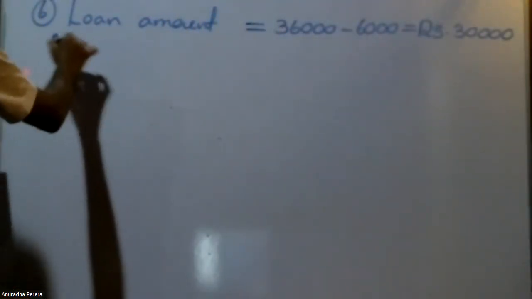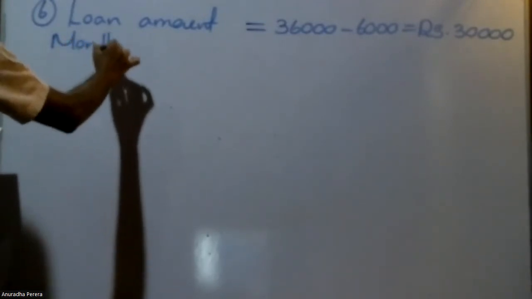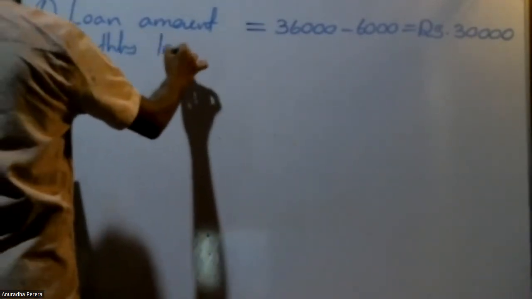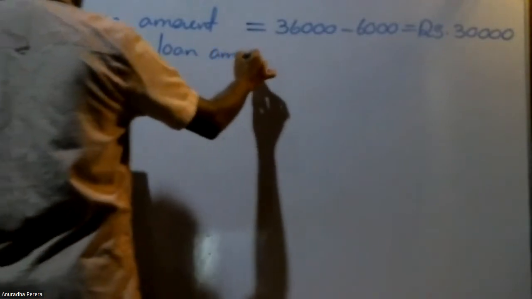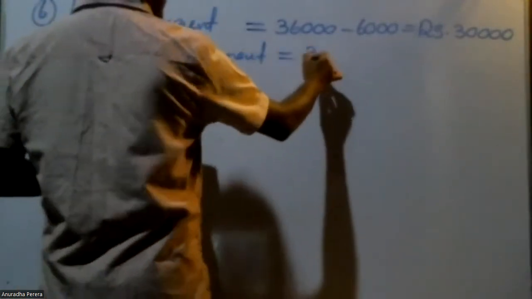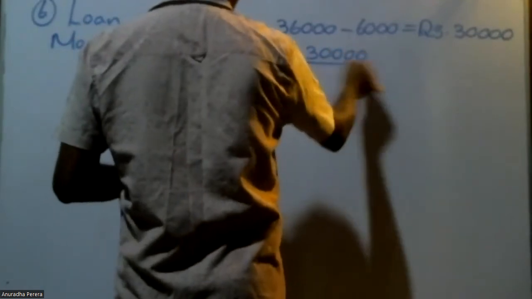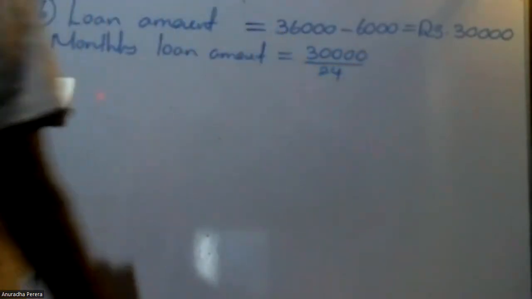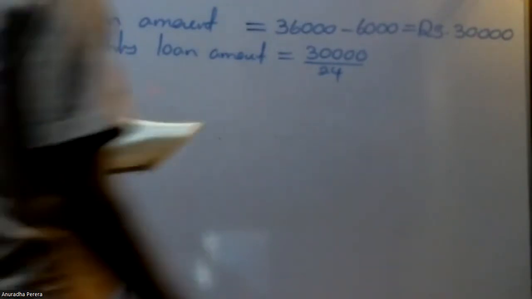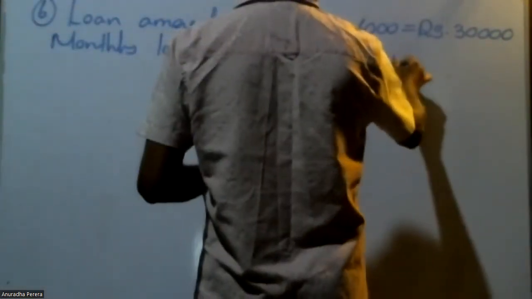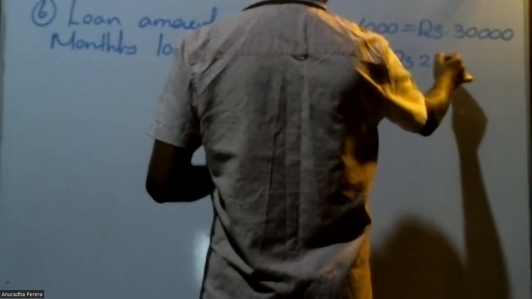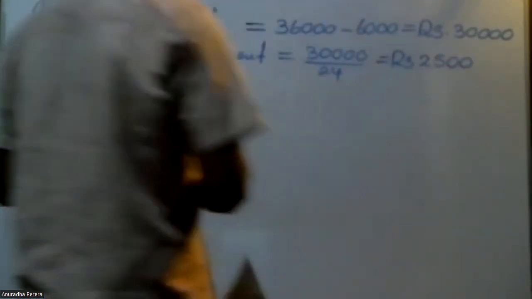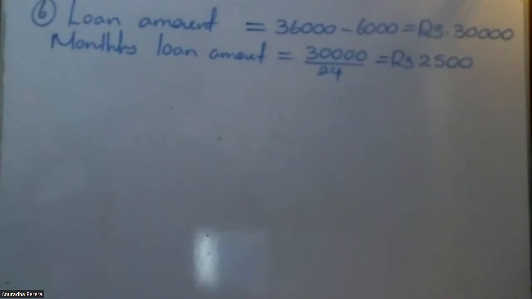Then monthly loan amount. Divide this 30,000 by 24. 2,500 rupees.